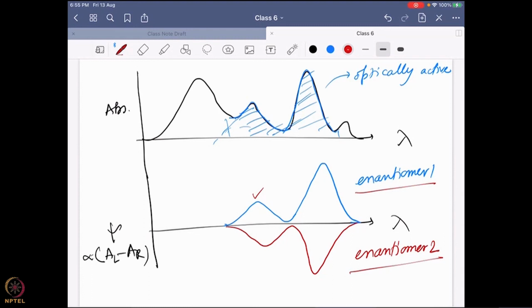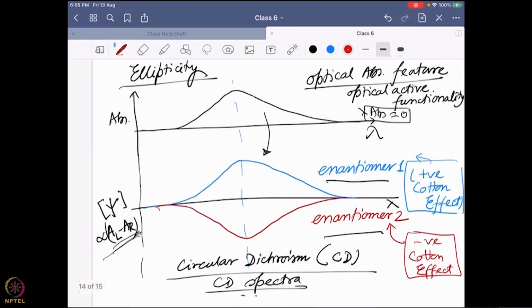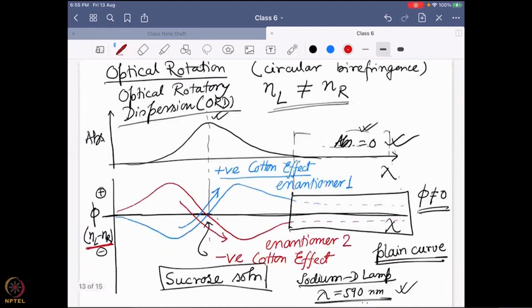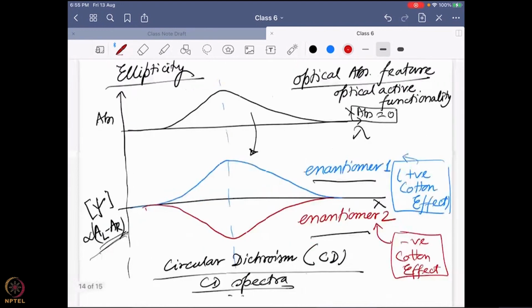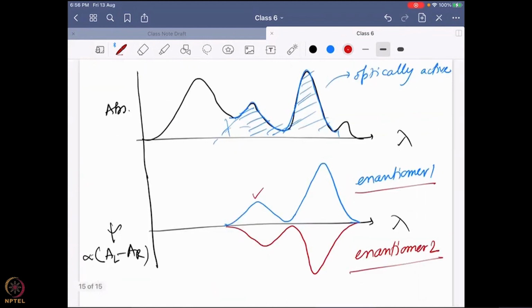In the ORD, two important features: one is the cotton effect, and the second is the plane curve. For ellipticity, that has to be connected with an optical absorbance. So unless you have an optical absorbance, you cannot have CD data. And it may be possible not all the bands are optically active. What do I mean by that? That will come into the next class, optically active bands.